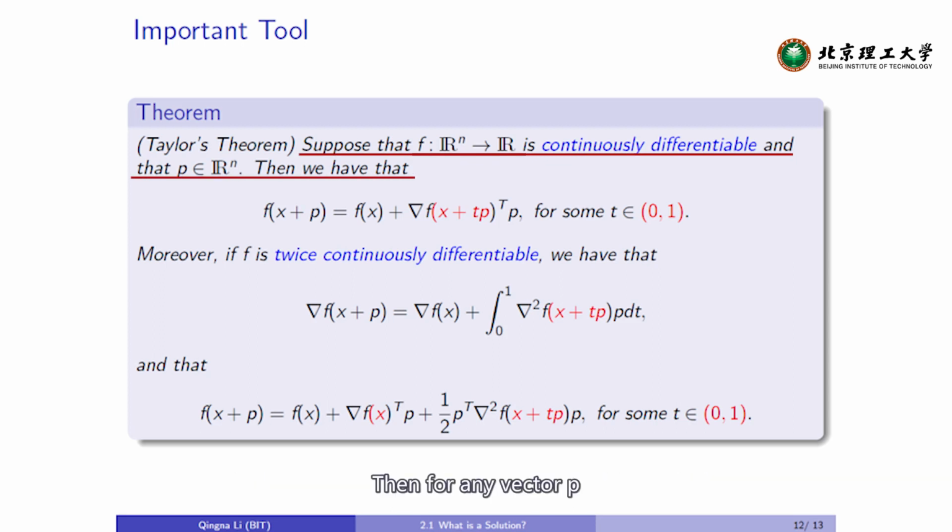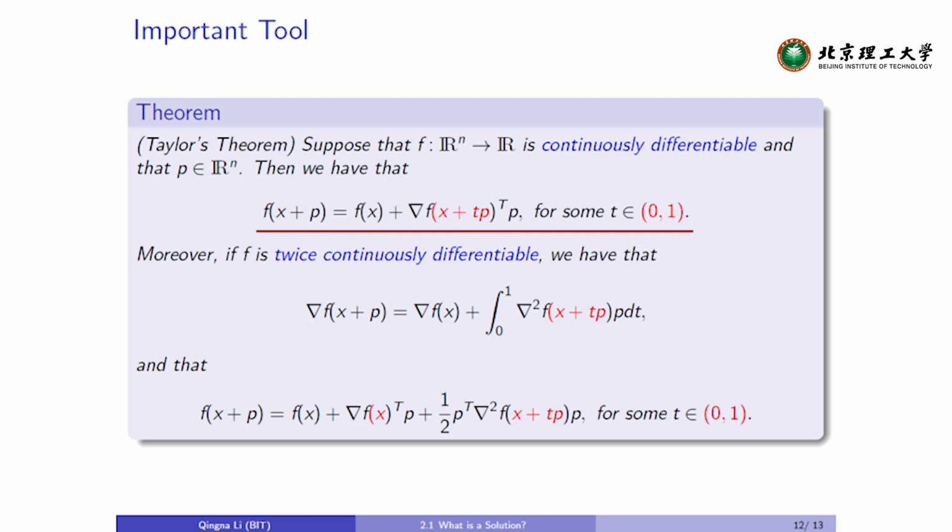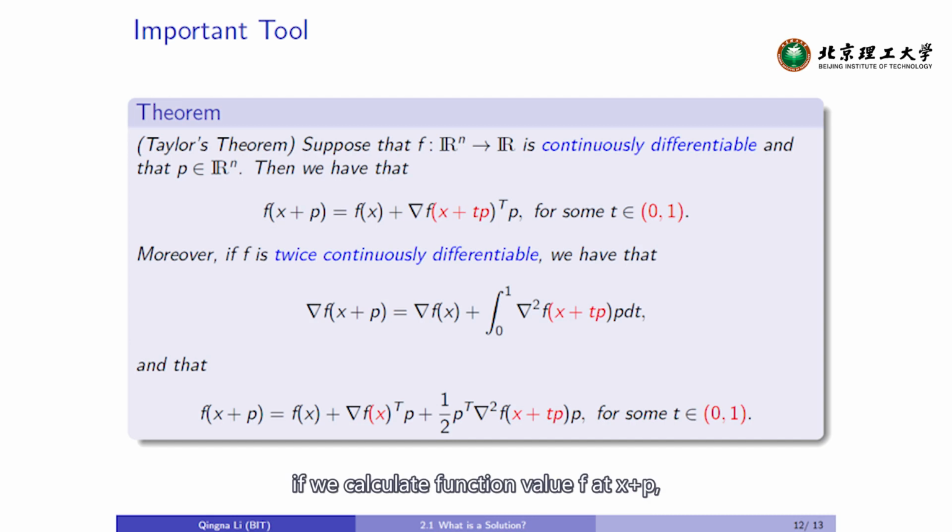Then for any vector p, we have the first expansion here. This expansion means that if we calculate the function value f at x plus p, the first term is f at point x, which can be viewed as a constant term with respect to p.